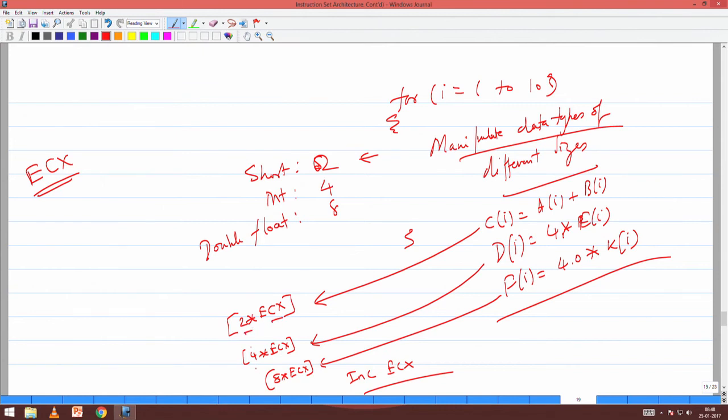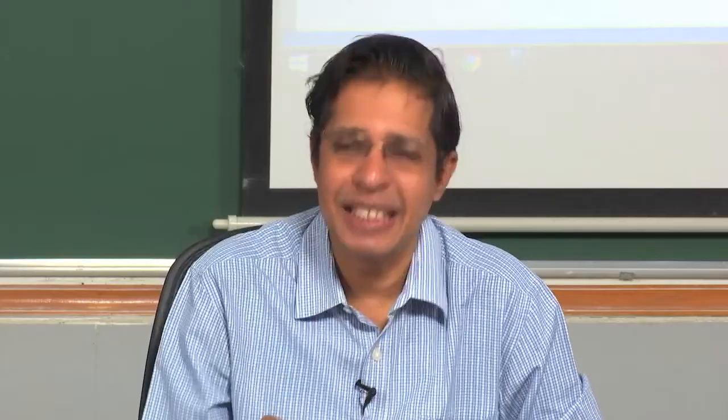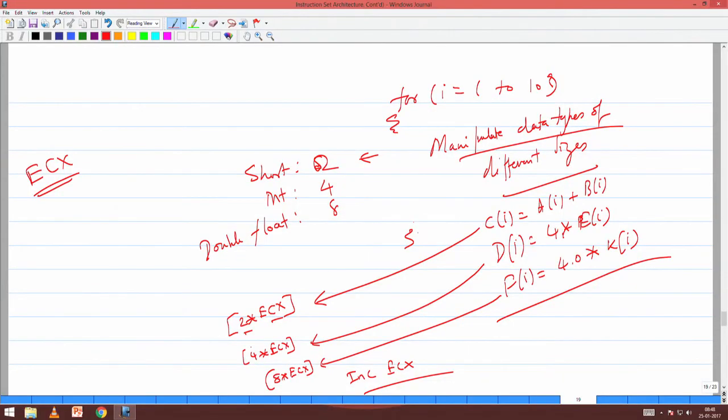The scale is used because I would like to maintain one counter variable, and if that loop is going to handle multiple arrays of different sizes, then I need to basically go and modify these syntaxes, right. Now ECX will be I, and I will keep incrementing ECX as I proceed in my iteration, but then accessing individual entities here we will go with the scale.